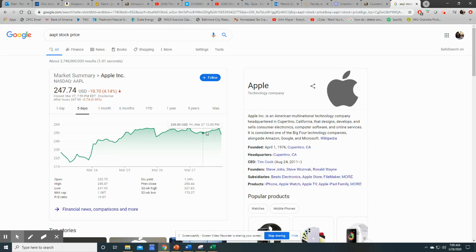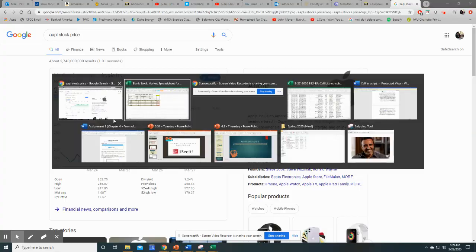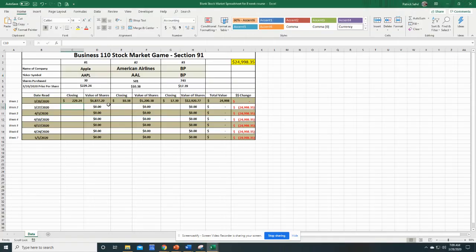It'll kind of show you where it went. It didn't move a ton on the 27th, but there's the closing price, 247.74. So it looks like I'm going to be positive here. You can see the difference between those two right there. If you're using Excel, kind of see what you did to make some money.